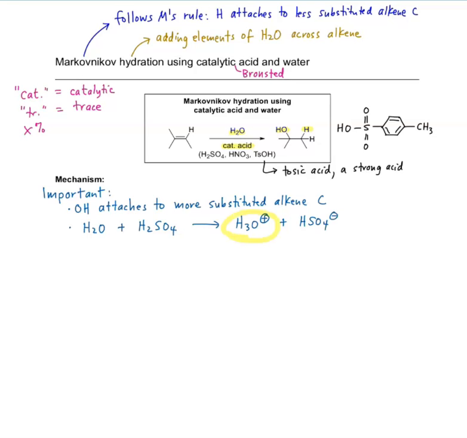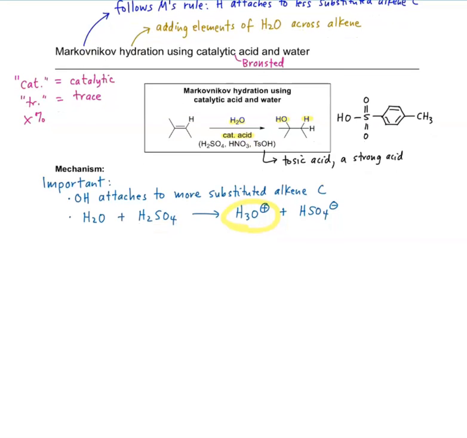It's H3O+ that's the proton source in the reaction. So in the first step of the mechanism, actually, let's back up just a second. The mechanism is going to largely follow exactly the same pattern you saw with the addition of HBr or HCl across a double bond. There's only going to be one difference, which is a proton transfer, but that's easily accommodated, and so we'll see that once we get to that step in the mechanism.